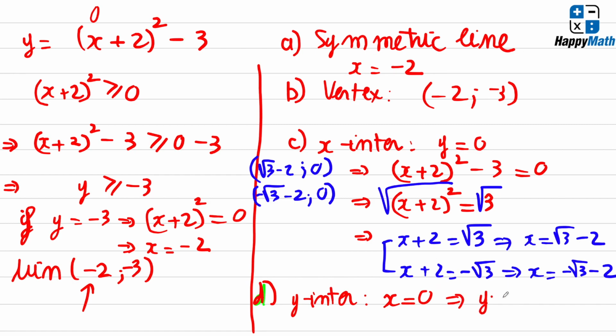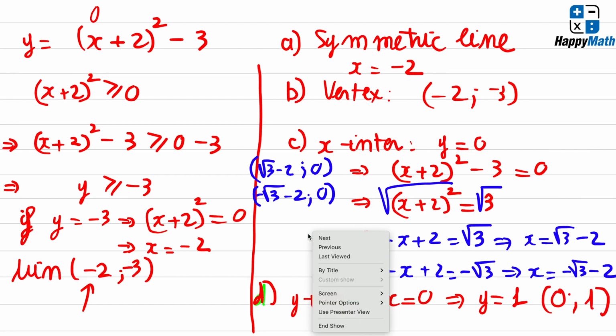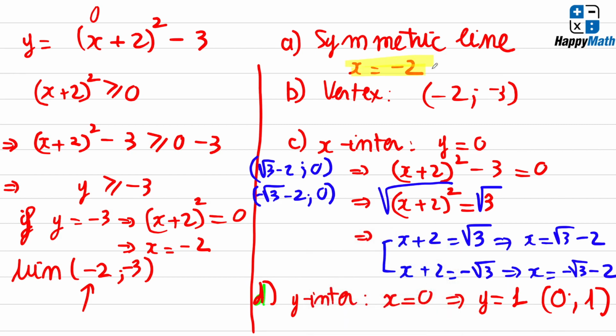So you got y equal to 1. It means (0, 1) is the y-intercept. Okay, so overall, you got the symmetric line, vertex, y-intercept, and x-intercepts. You have two x-intercepts and one y-intercept. That's all.